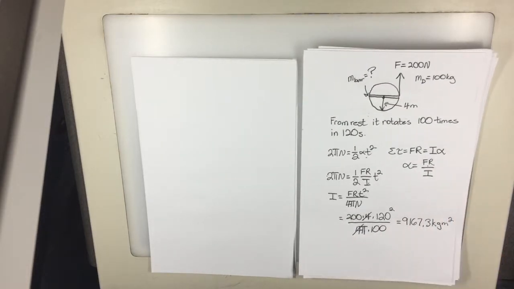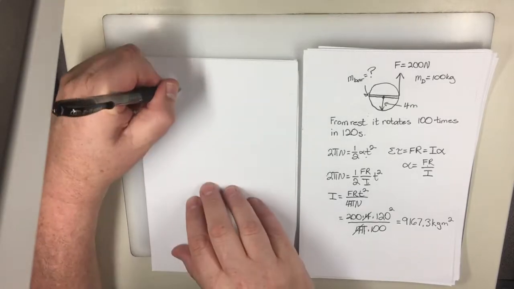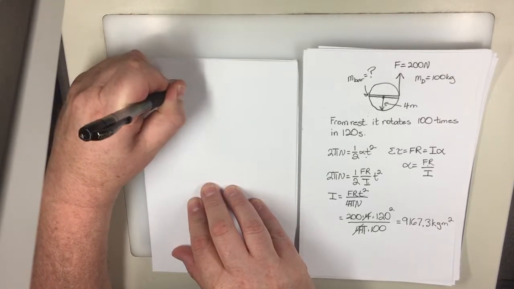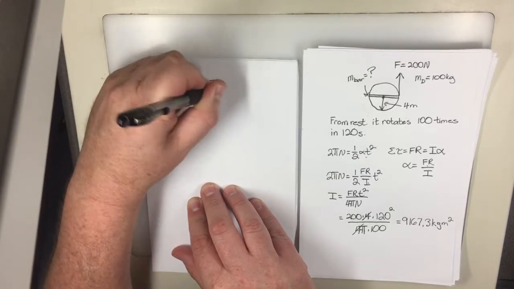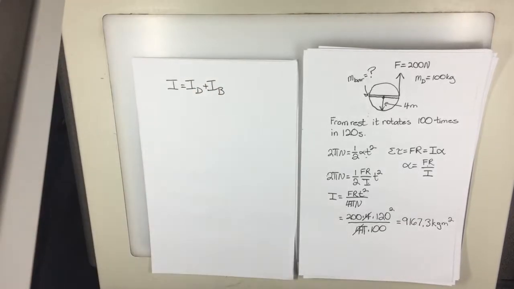Well, now that I have the total moment of inertia, what is that total moment of inertia? It's merely the sum of the 2 moments of inertia of the system. So the total is the moment of inertia of a disk plus the moment of inertia of the bar welded onto it directly across.